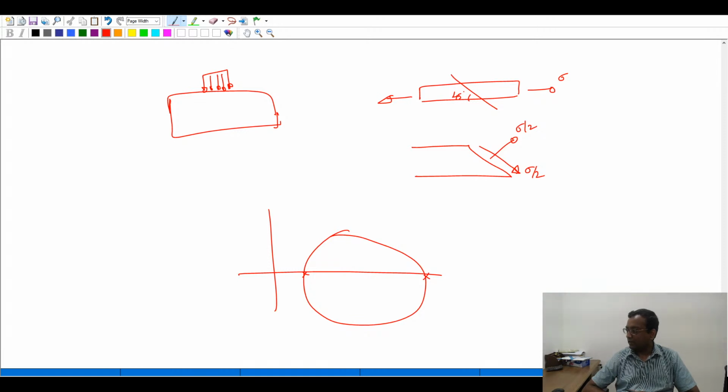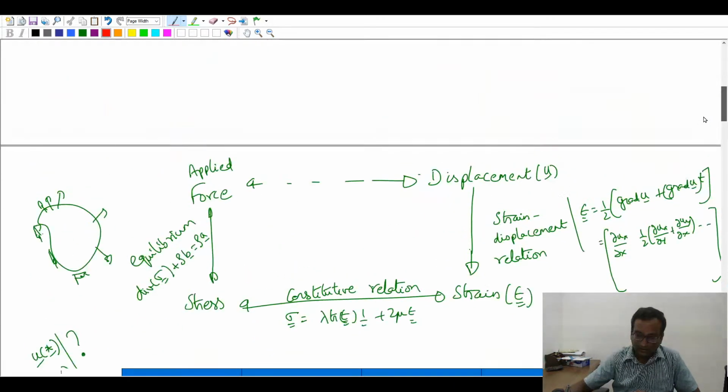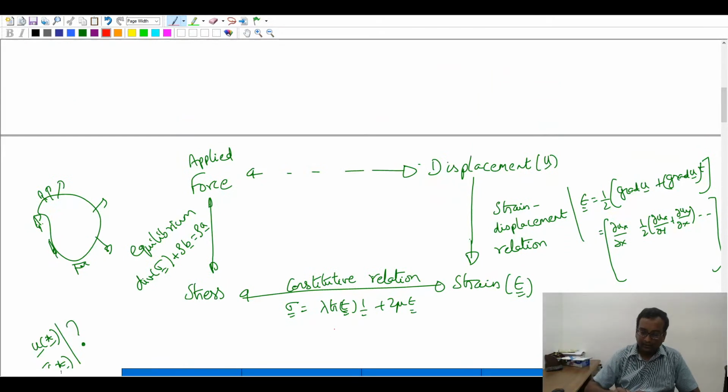The scope of research in mechanics of materials is to identify the appropriate constitutive models so that you can get closer to the material response than what we are doing right now. That is the main challenge. The equilibrium equations and the strain displacement relationships are well established, whereas only the constitutive model is not well established. It differs from material to material.